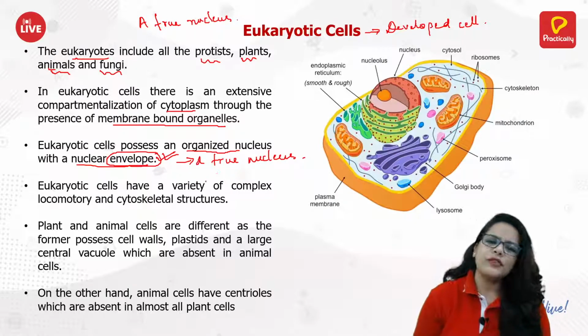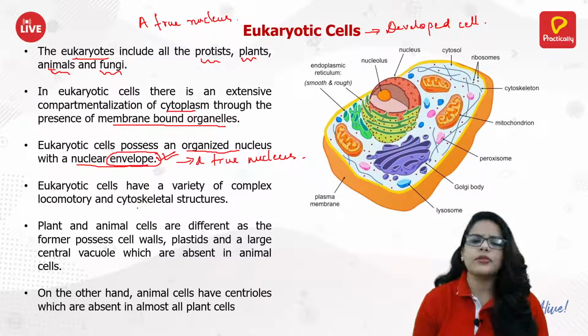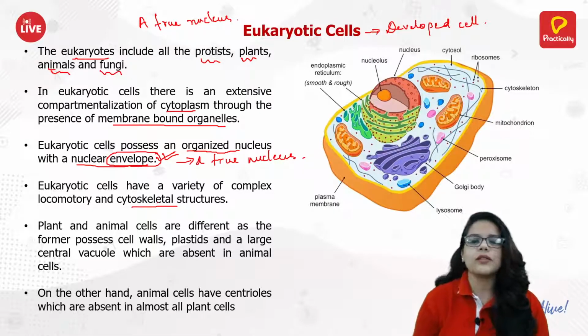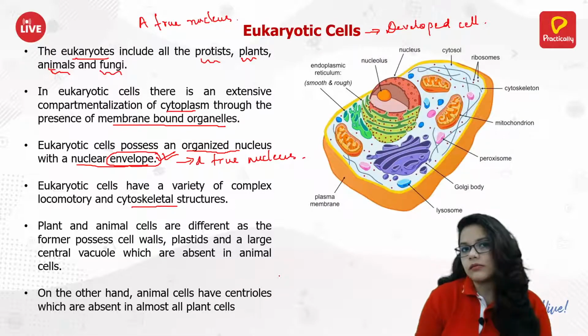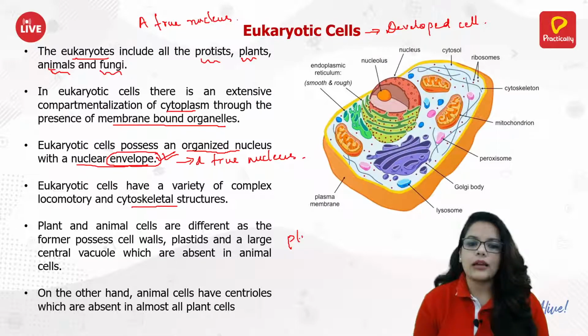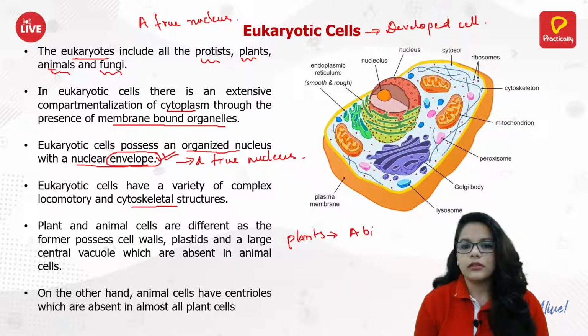And apart from that, they have proper cytoskeletal structures which give the cells a bit of structure. They have vacuoles, chloroplasts, mitochondria and everything. On the other hand, plants have some extra cell organelles. Plants have a big vacuole.